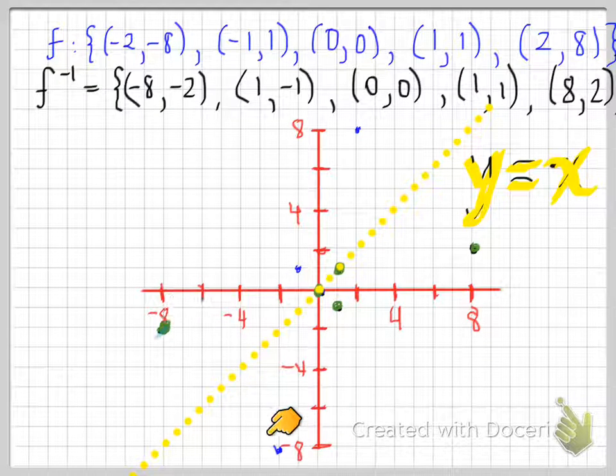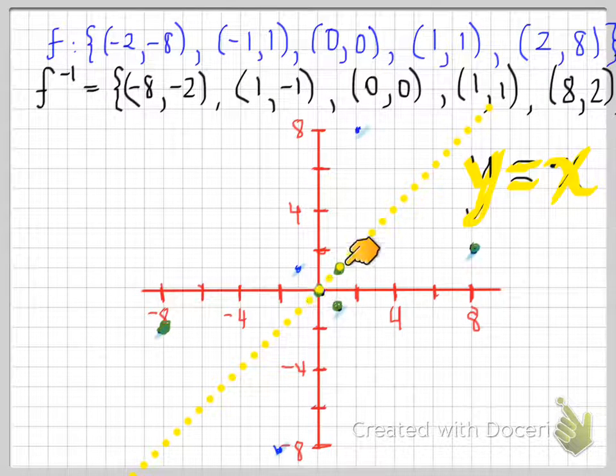this point and this point are mirror images of each other directly across the mirror. And this point and this point are mirror images of each other. And these points here lie right on that line. We'll talk about those in a second. But finally, looking at this point and this point, they're mirror images of each other.